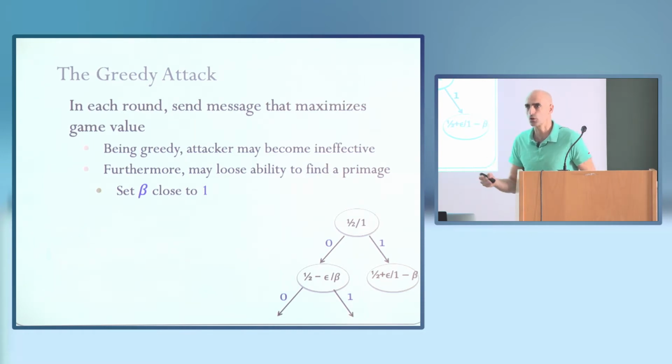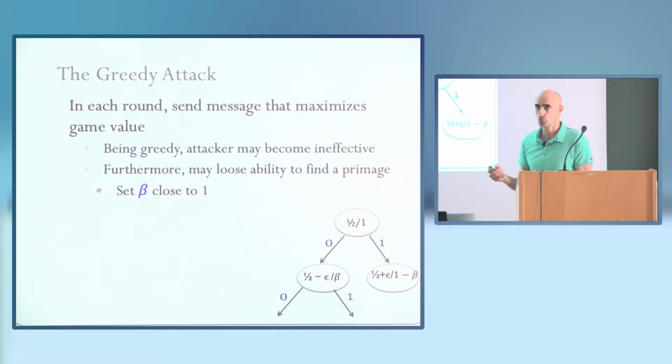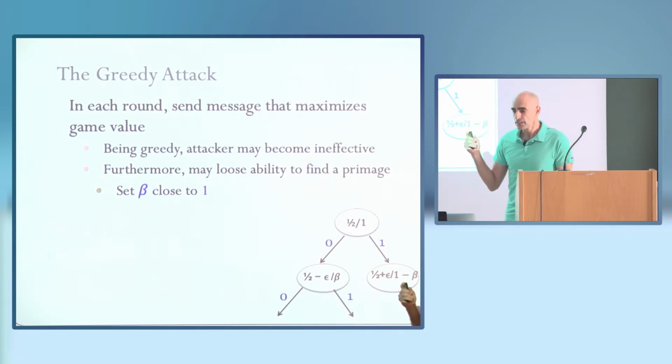So even if she has control, she cannot apply the attack anymore. Okay, so this is something we should avoid. We cannot be too aggressive. We should be gentle with the attack. We should not deviate from the distribution by too much. And actually, I'm now going to show you the actual attack, and it's called the bias continuation attack.